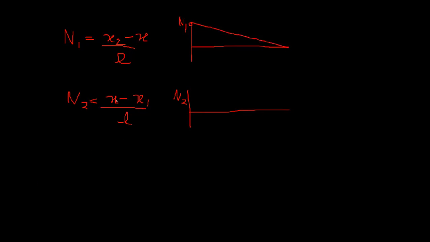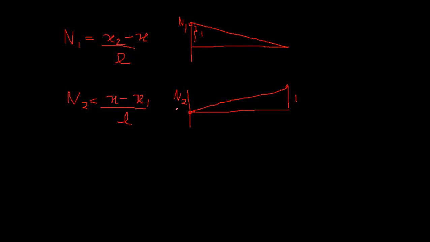At x equals x1, this n2 becomes 0, and x is becoming x2, x2 minus x1 is L, L over L is 1. This side is 1, right? Okay.